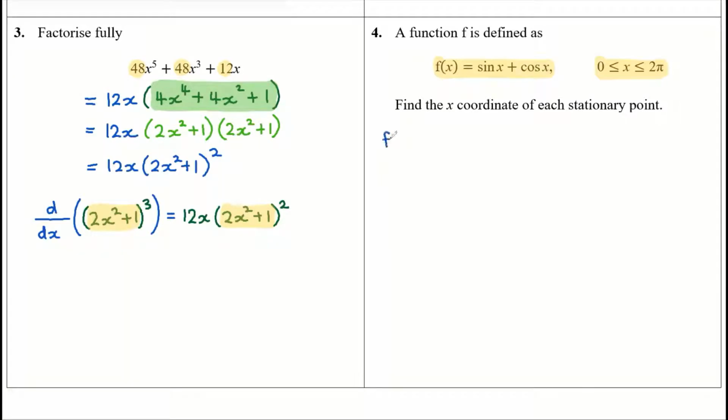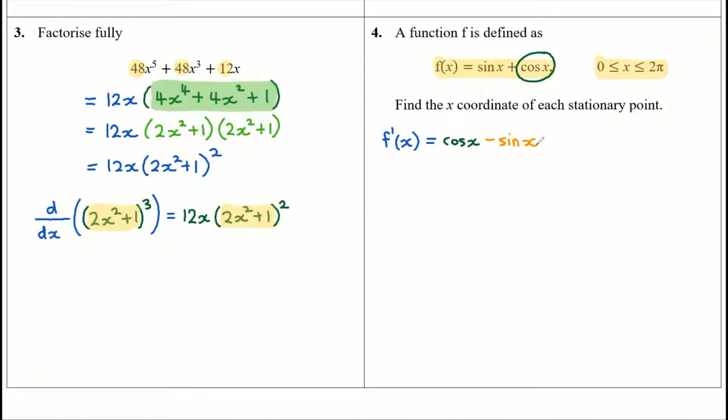So remember the notation, f dash x if it's a function, or g dash x if the function is g of x. And we do it term by term. If we differentiate sine, of course, using the result from earlier, we get cos x. And if we differentiate cos x here, we get negative sine. So it's going to be negative sine x. So that's the derivative.